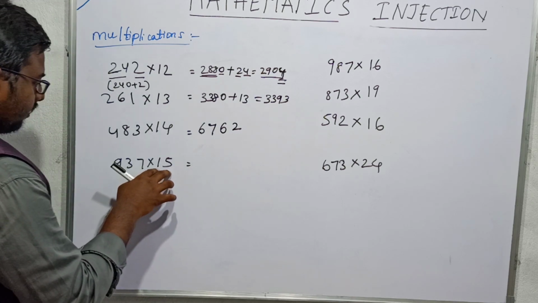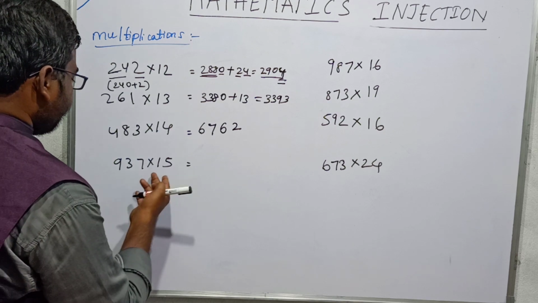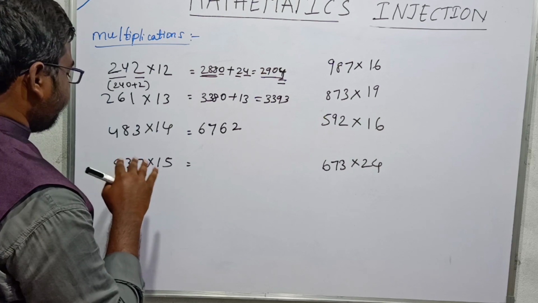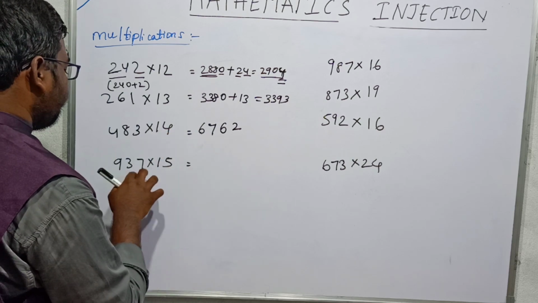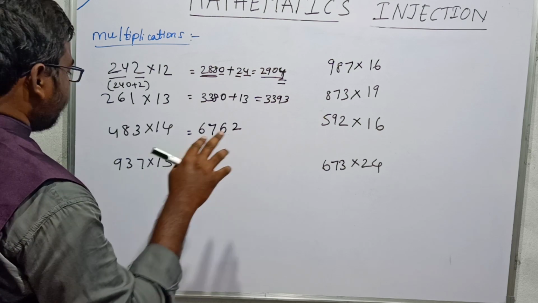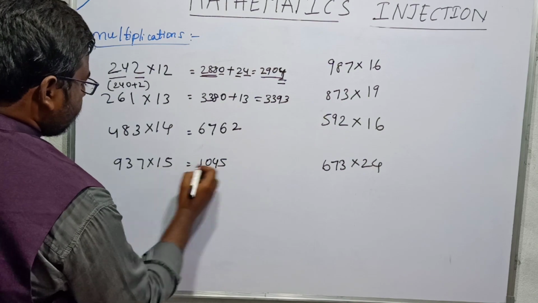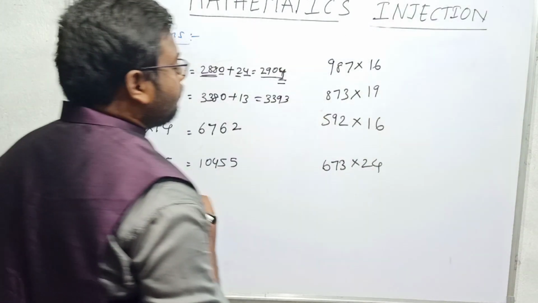For example, if we calculate this: 15 9s are 135, 15 3s is 45, 135 plus 4 is 139, 1395. 1395 should be in our mind. 15 7s is 105, 1395 plus 10 is 1405, but 5 is remaining in 105, so 10455 will be our result.